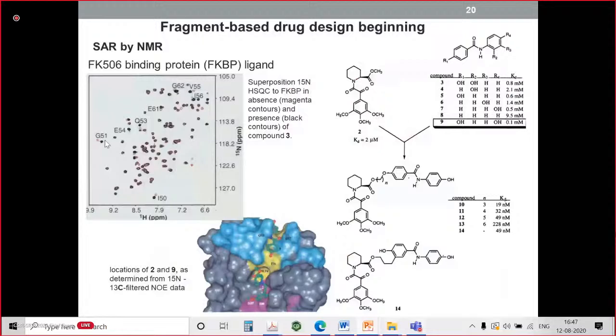You can see here glycine 51, glutamic acid 54, glutamine 53, aspartic acid 61. These amino acid residues interact with this benzenilamide, and therefore we see a drastic, significant change in the chemical shift.